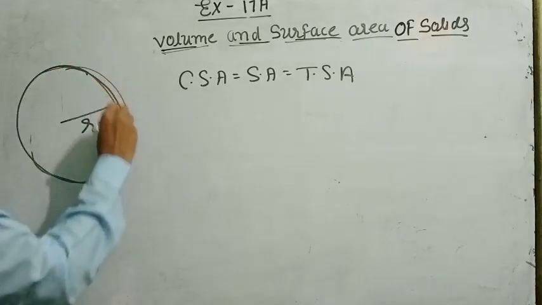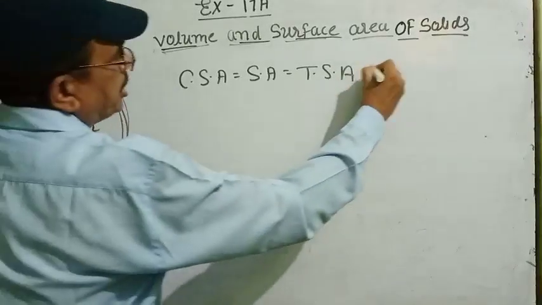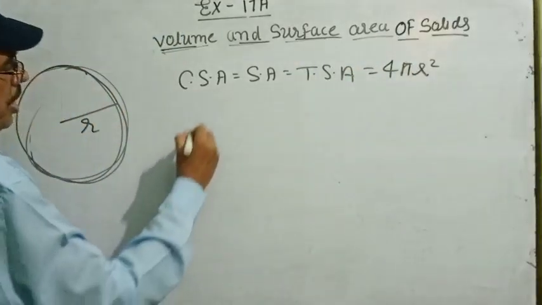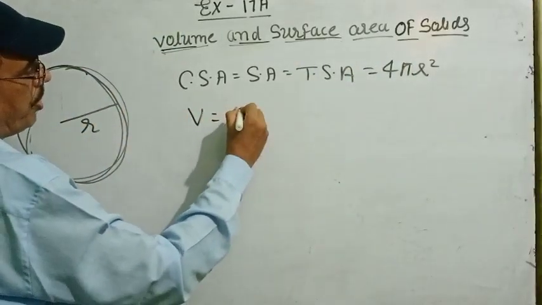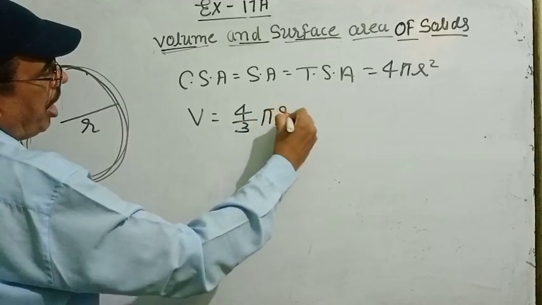It is also called total surface area and also surface area. It is equal to 4 pi R square. And next, volume is equal to 4 by 3 pi R cube.